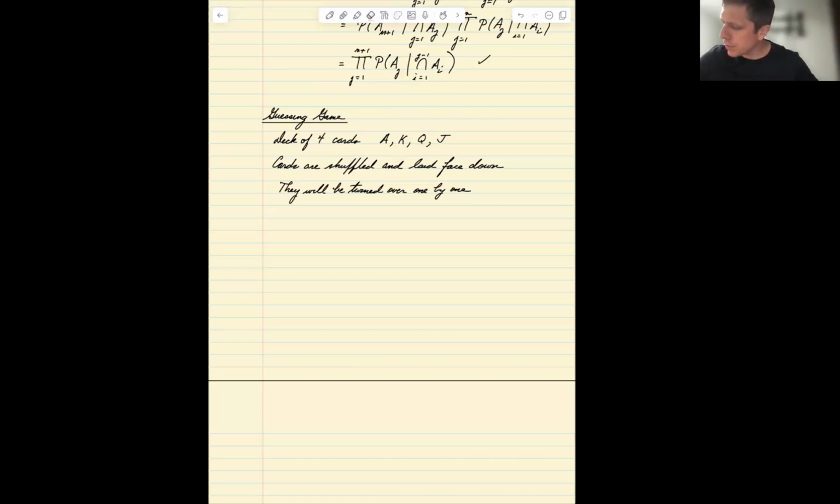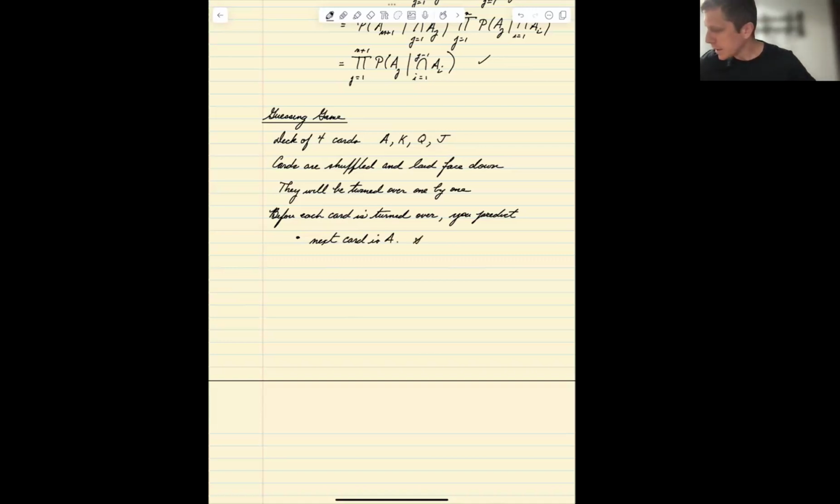Before each card is turned over, you're going to predict that the next card is an ace, and if you're right, you win. If you're wrong, you lose.